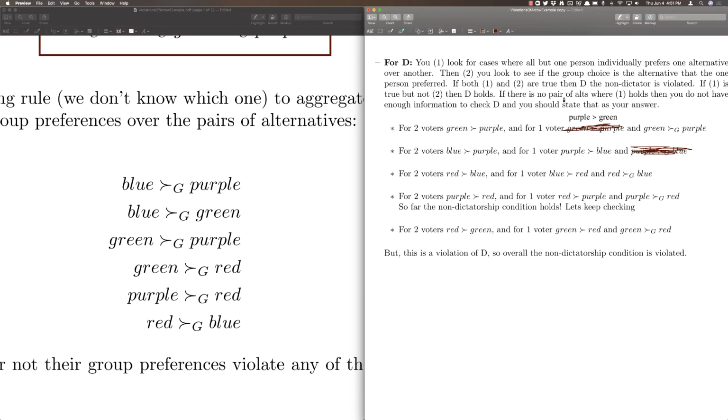So where's my, why doesn't it give me back where I can, there we go. So the group prefers blue to purple. All right, for the group. So I'll put a little subscript G. Is not going to work well here in preview, but maybe I can just shrink it down with font like this.